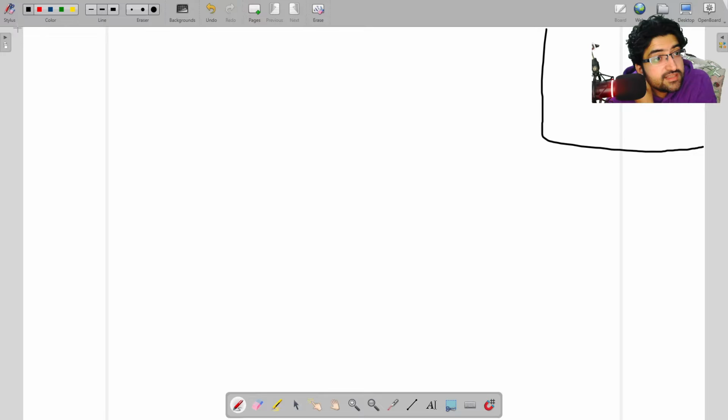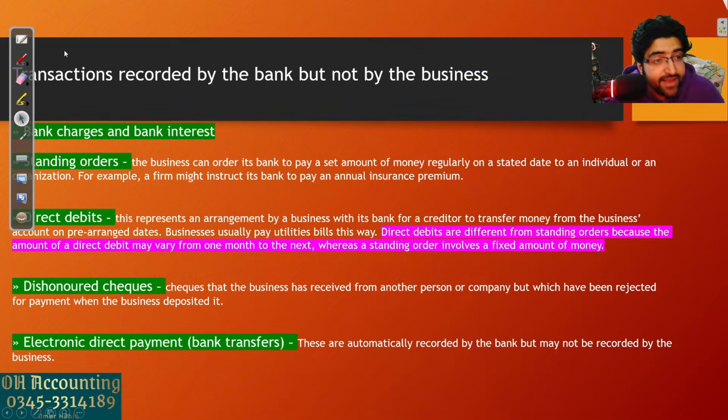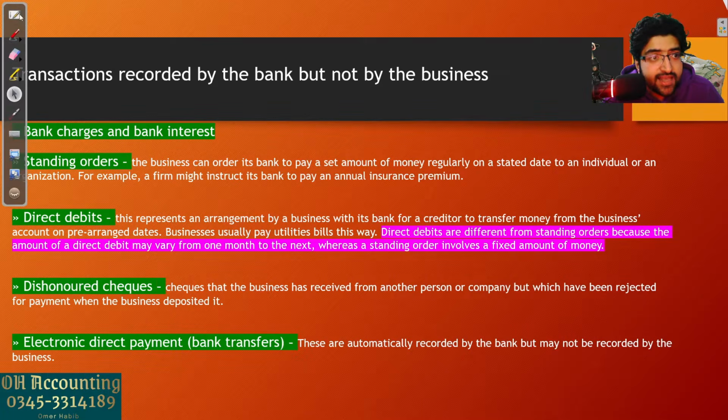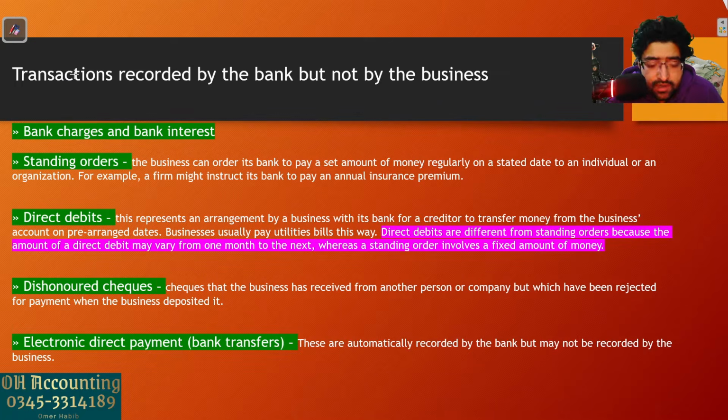Some things such as bank charges and bank interest. As you know, the bank charges an amount from you every month, maybe for SMS service or for withdrawal fees and all these things. They make some charges and we have to pay them to the bank.